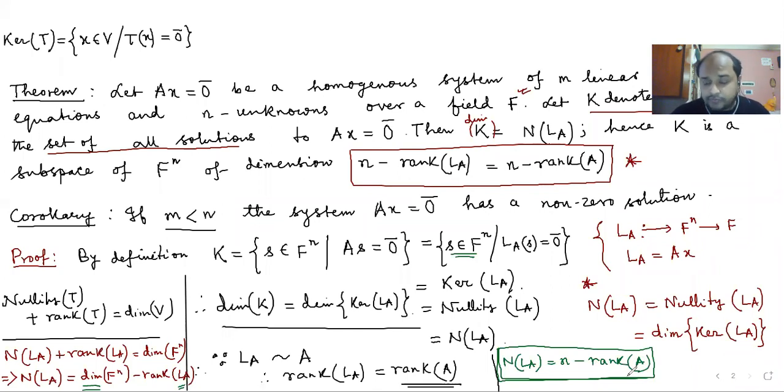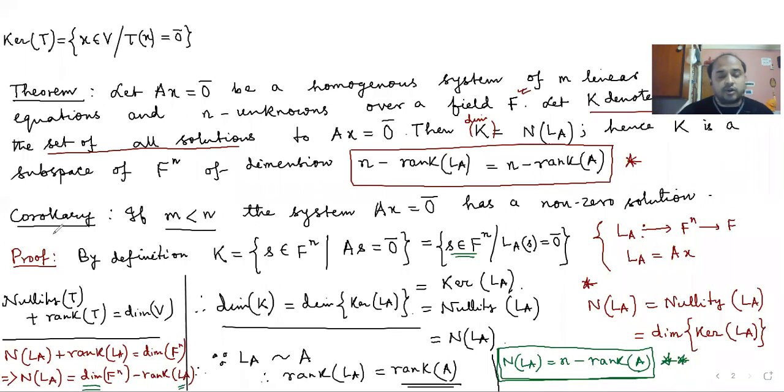We already know how to find rank. And once you find the rank, rank is a number, we can subtract the rank from the total number of unknowns, n, which is actually the dimension of Fn. That will give you the dimension of the solution set capital K. So this is your formula. This is all about the theorem.